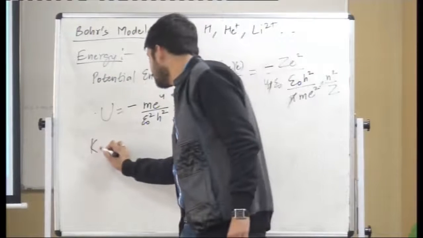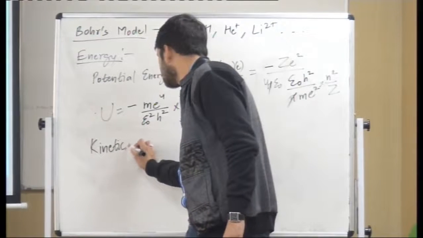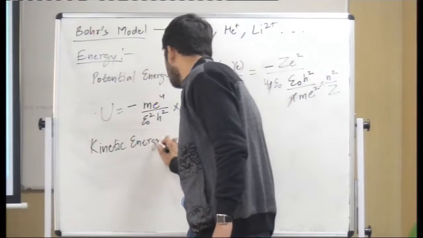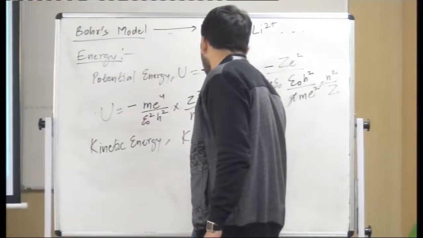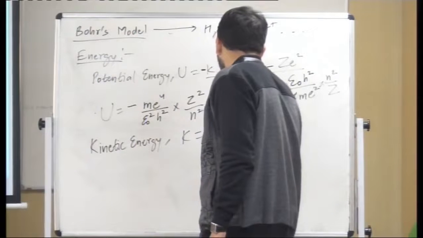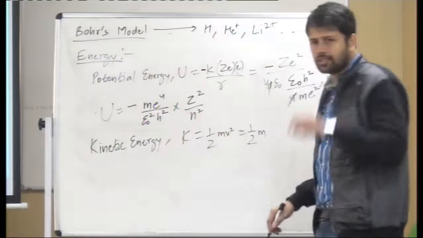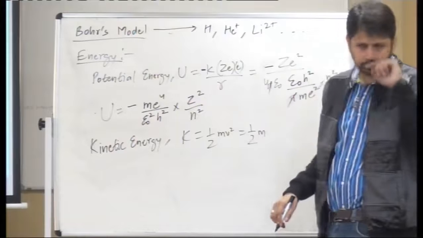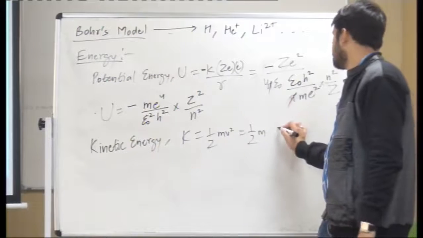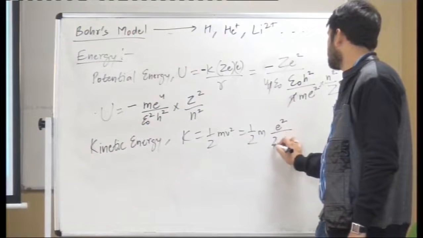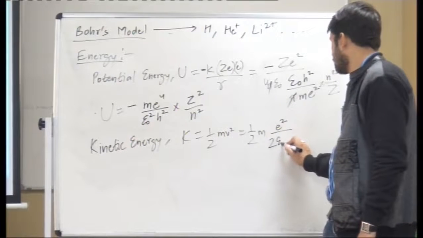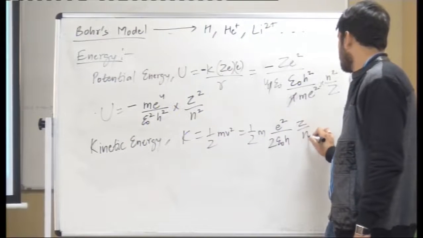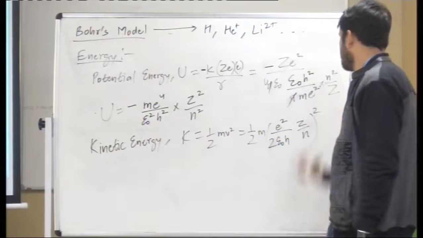The kinetic energy would be K, which is half mv square. So this is half m. V is how much? e square by 2 epsilon naught h into z by n, whole square.